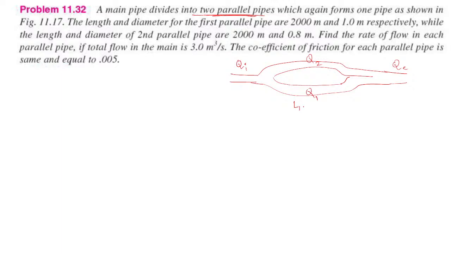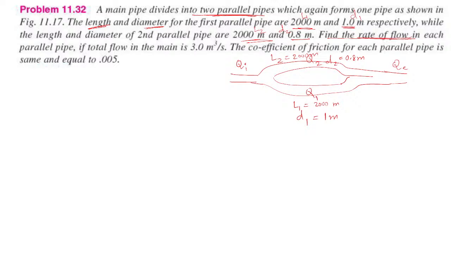So L1 is 2000 meters and the diameter is 1 meter. The first thing given is the length, and the second is the diameter, respectively. The length of the second parallel pipe, L2, is also the same, 2000 meters, and D2 is different, that is 0.8 meter. So this is L1, this is D1, this is L2 and this is D2.